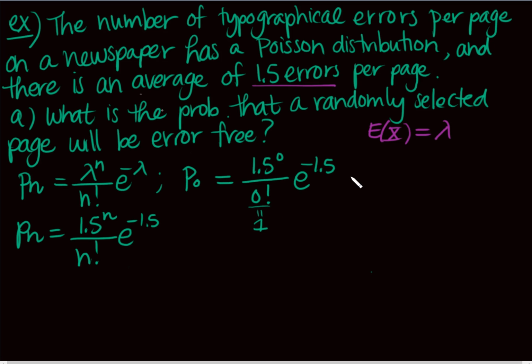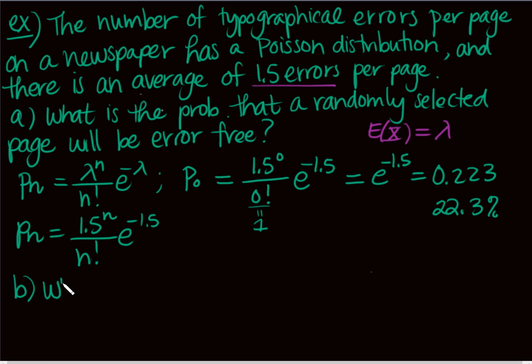So 0 factorial is 1, 1.5 to the 0 is 1, so I basically get e to the negative 1.5, which if I put in my calculator, I get 0.223. So I have about a 22.3% chance that a randomly selected page will be error-free. No errors.